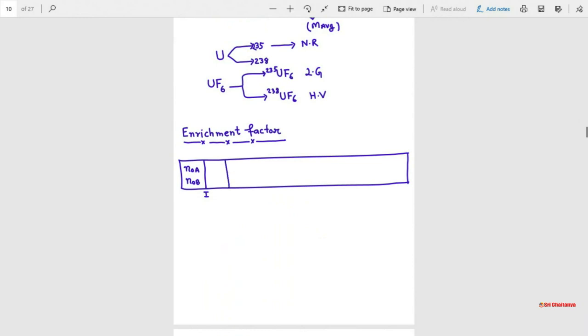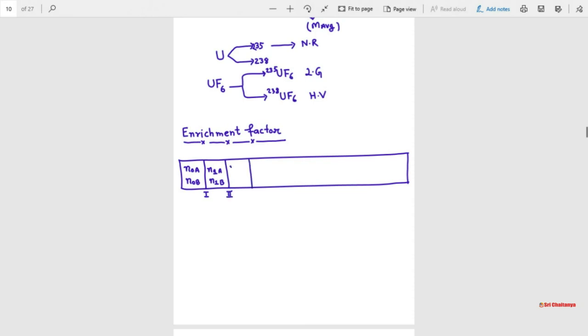After some time, some of the gases present in the first container move into the second container. After that time, we can write this will be N1A and N1B.